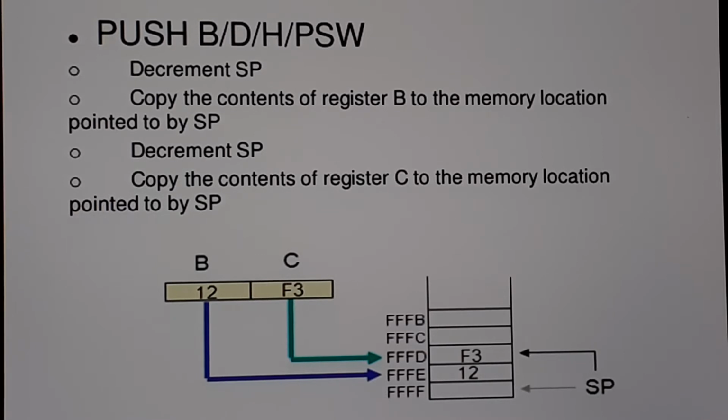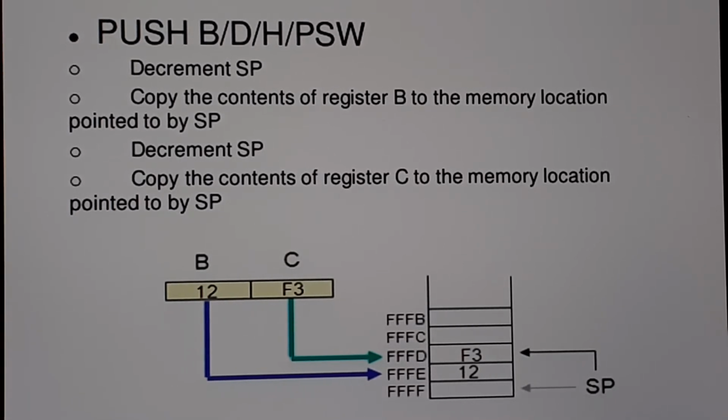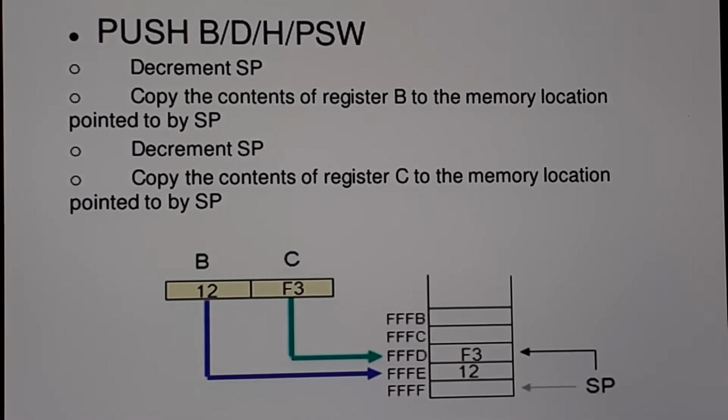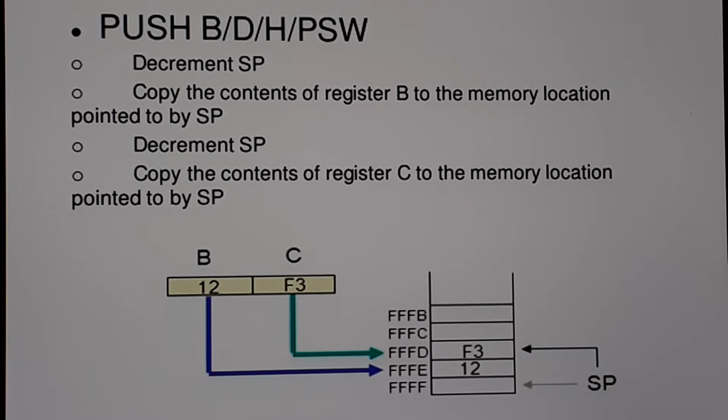I decrement the stack pointer by 1, so the content becomes FFFE, which I have shown here. It will take the B register content, that is 12, so I have moved 12 into that stack location FFFE.